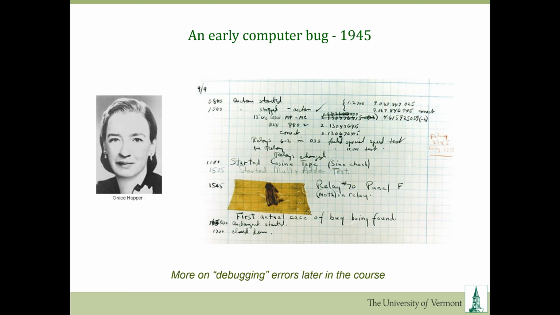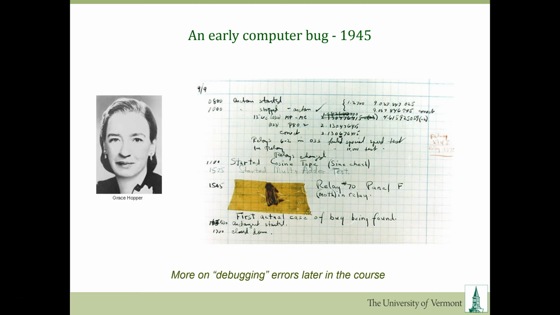The term bug appeared in about 1945. The first person to use it in any kind of documented way was Grace Hopper, who was working on one of the early mechanical electronic relays, gigantic room-sized computers, and doing some of the very first computer programming. At that time, she was, I believe, a young naval officer, later went on to become a rear admiral.